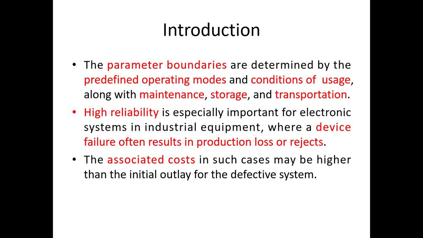What are parameter boundaries? Parameter boundaries are given by the predefined operating modes and conditions of usage, along with maintenance, storage, and transportation. All these are predefined in the operating modes of your devices. High reliability means the failure rate is very low. High reliability is especially important for electronic systems in industrial equipment, where a device failure often results in production loss or rejects.